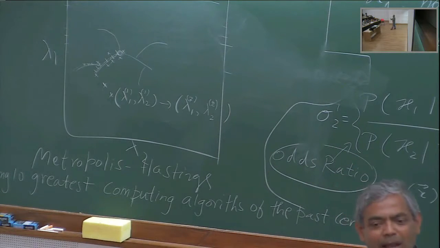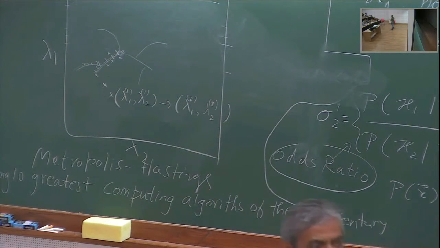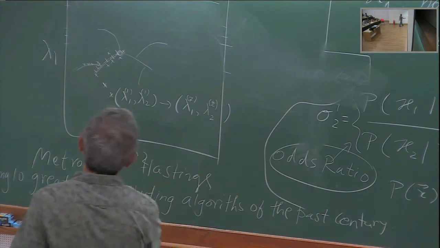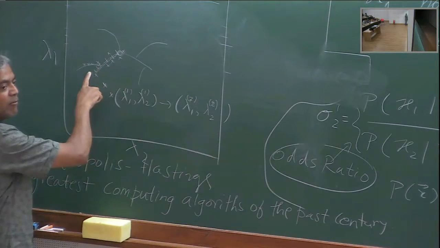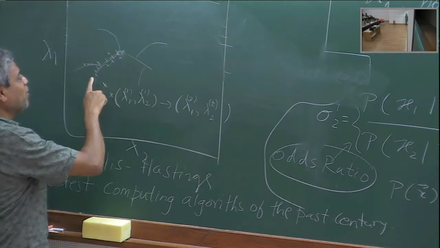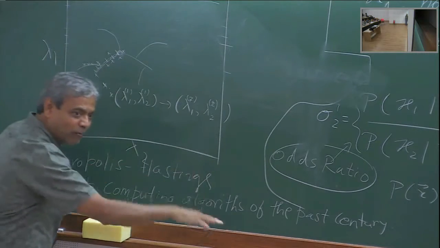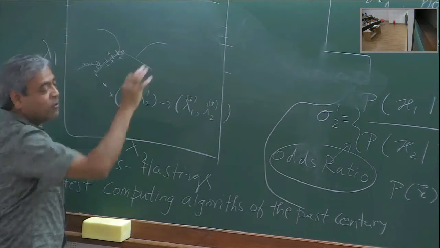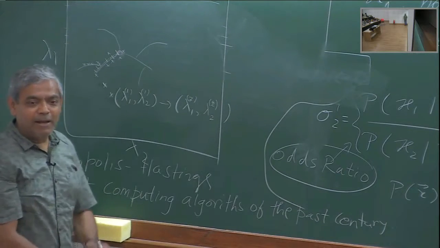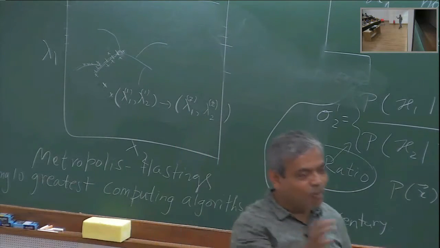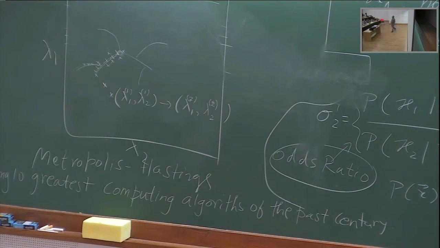Even when the likelihood is small, you have to make a jump. That's because this path may not be straightforward. You might come across that you have to go through a valley and then rise up again. So it's no good saying that I will never make a jump to a lower likelihood region. You should make a jump to lower likelihood region with less probability. But you should allow that.